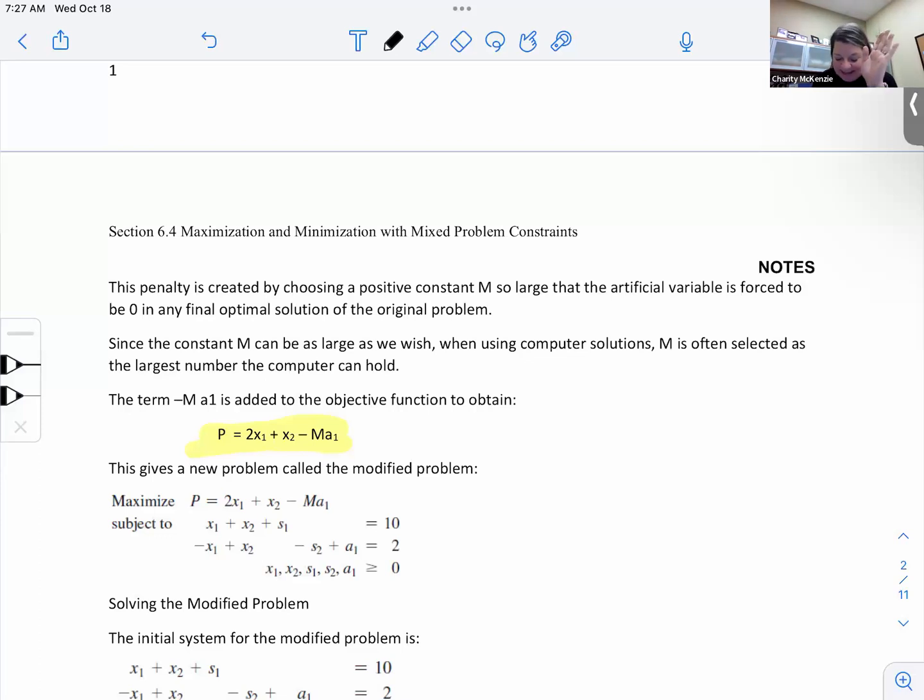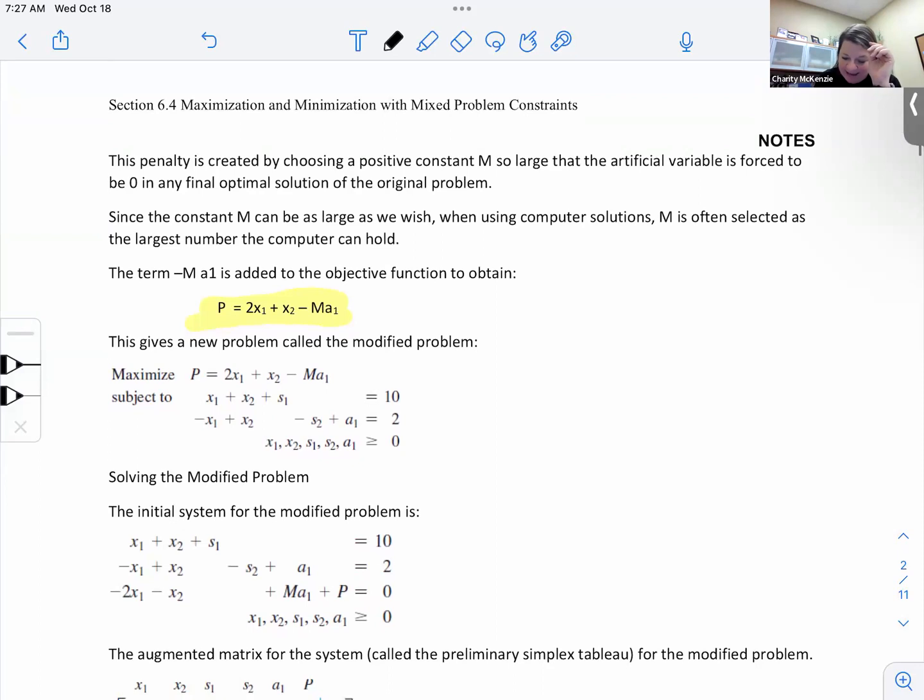So when I set this up with my slack, it's going to look like this all together, all the way done with my slack variables. Don't be lazy and try to skip writing the slack out on the M method, because you're probably going to miss one of the A's or the M or something, and it'll throw off your entire problem.